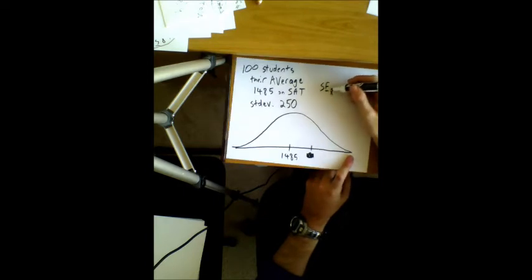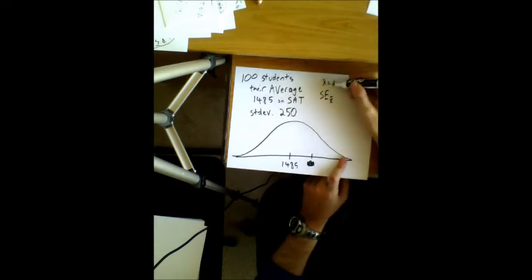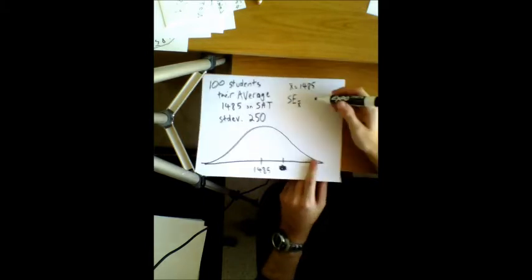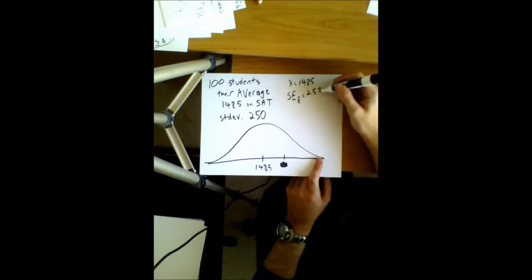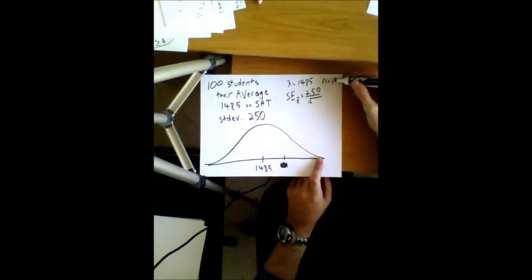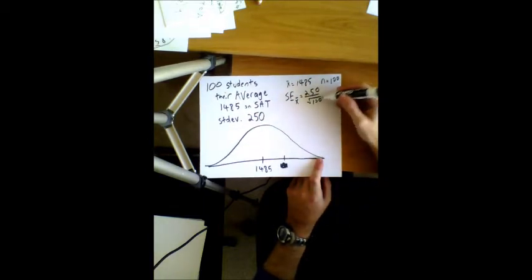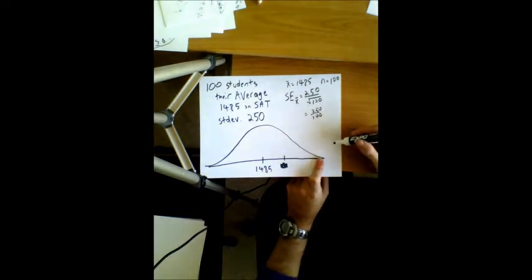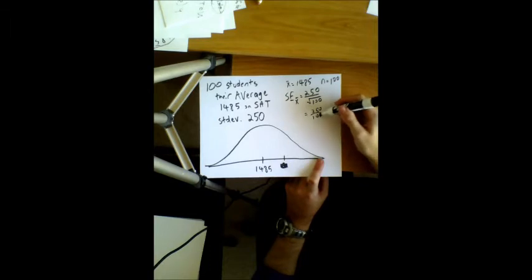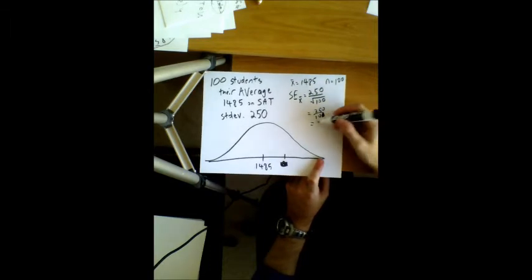The standard error of x bar, so x bar is 1485, is going to be 250 divided by the square root of n. N here is these 100 students. We have 100 of these. So our standard error is 250 divided by 10, and ultimately our standard error is 25.